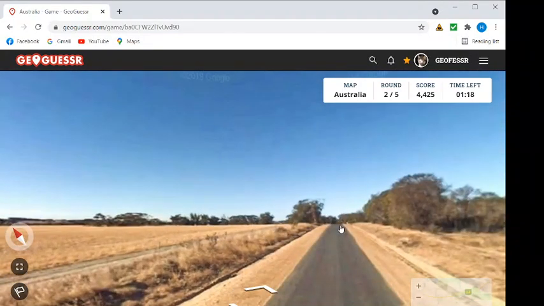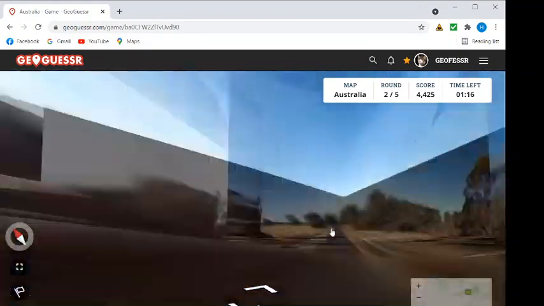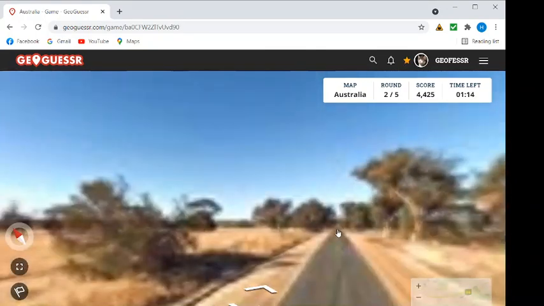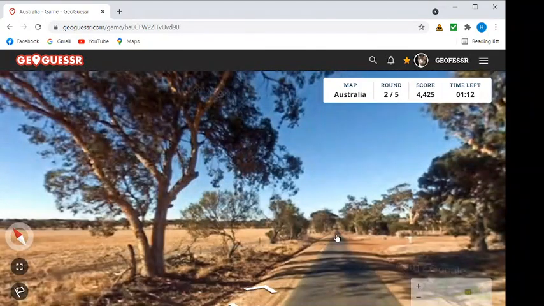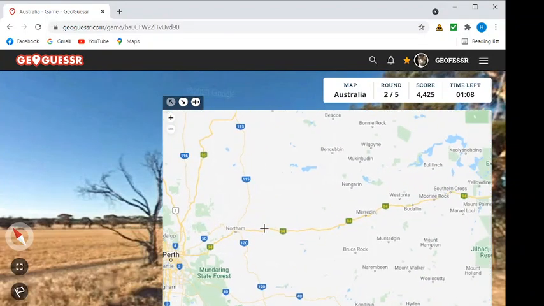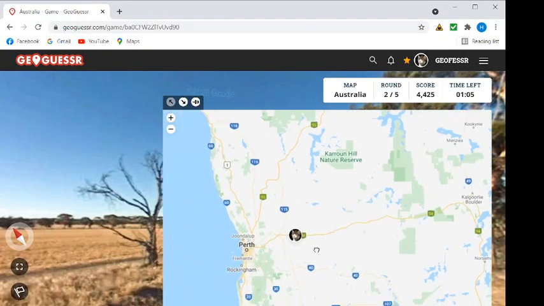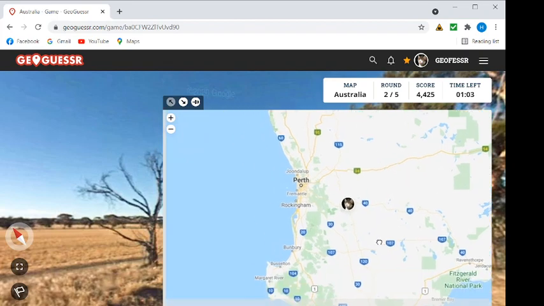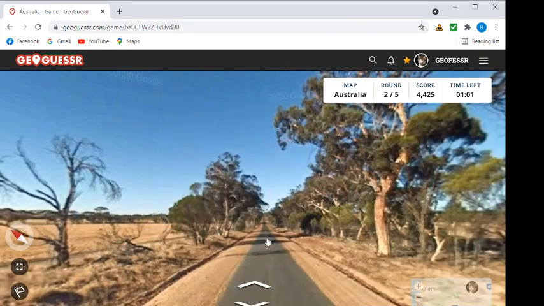Although, I mean, Norseman is kind of too far out for this, like there's more agriculture here. There's some fields, like maybe it's closer to Perth, maybe here.